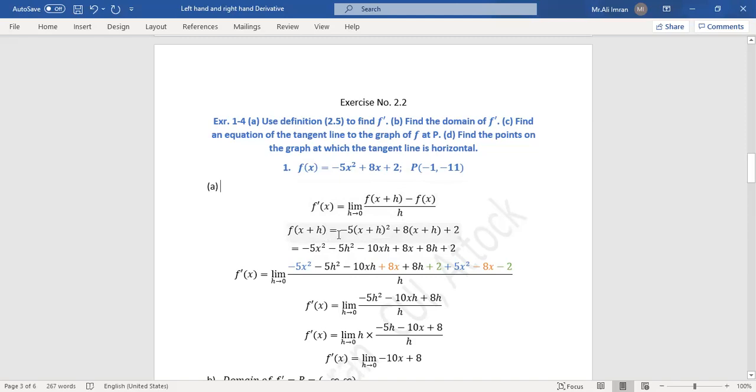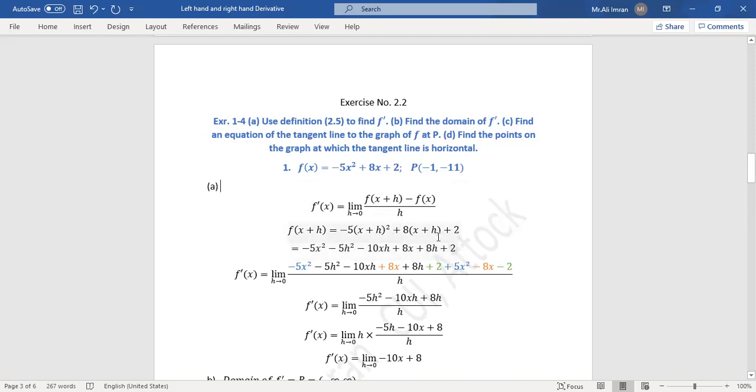F of x plus h will be equal to minus 5 x plus h square plus 8 x plus h plus 2. And opening the square, we will have the value of f of x plus h is equal to minus 5x square minus 5h square minus 10xh plus 8x plus 8h plus 2.